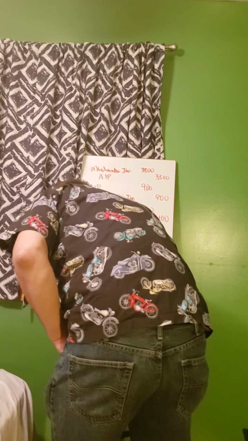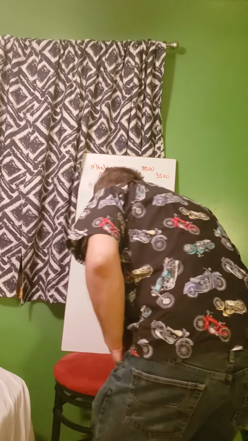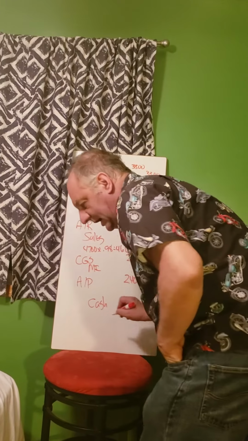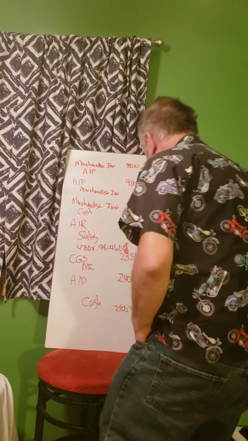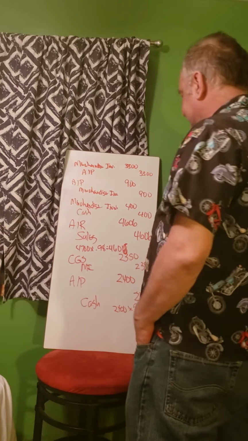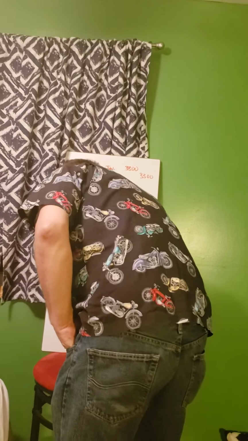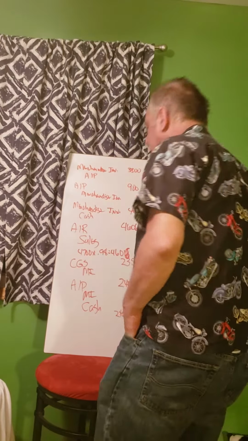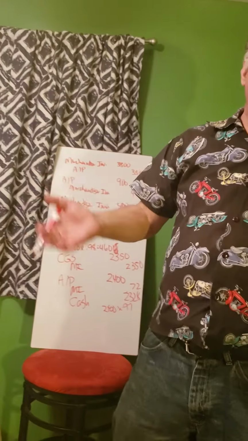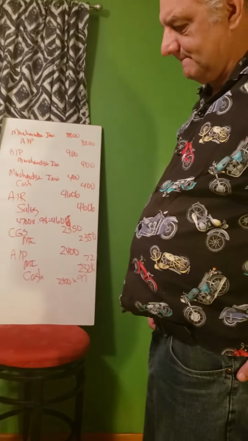That is $2,400 times 0.97. And the $72 difference between those two goes against my merchandise inventory account. In other words, we paid $72 less for the inventory. Okay?